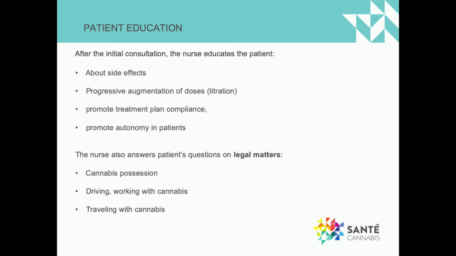So usually we speak about 5 milligrams of CBD to start, and 1.25 to 2.5 milligrams of THC. For example, they start at bedtime for 3 days, then twice a day for 3 days, the same dose. Then they slowly increase the dose every 3 days.